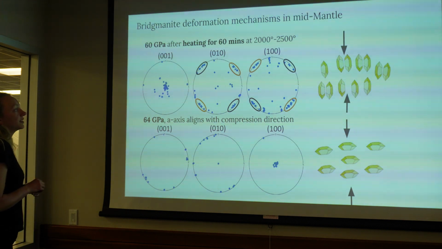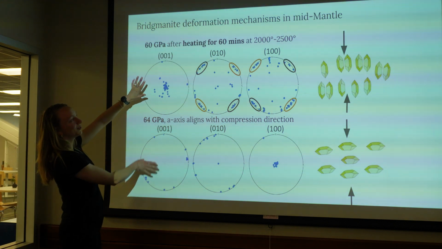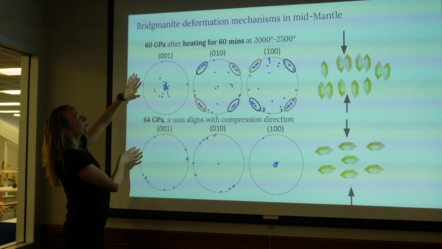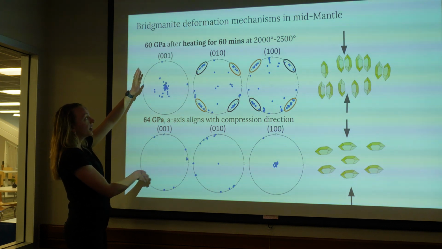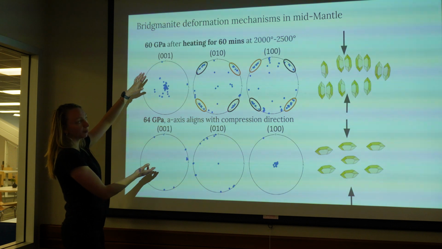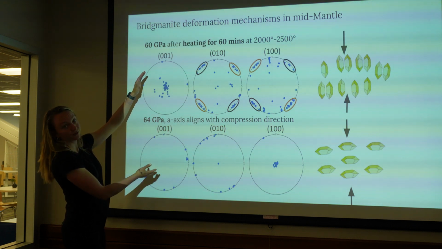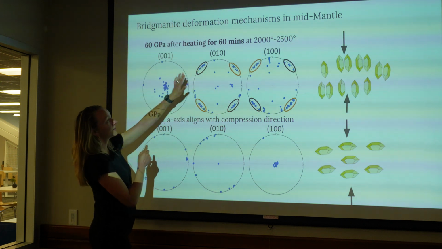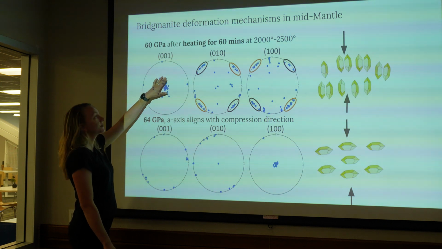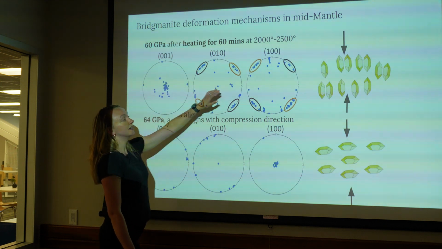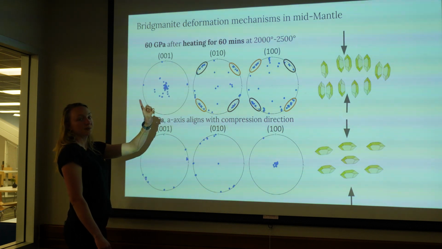We don't need to know exactly what these plots are in detail, but we call them pole figures, and they show us stereographic projections of the orientation of grains along their 3 different axes. Basically, you can think of this as the C axis of the grain, the B axis, and the A axis. Each one of these little blue dots represents 1 grain.